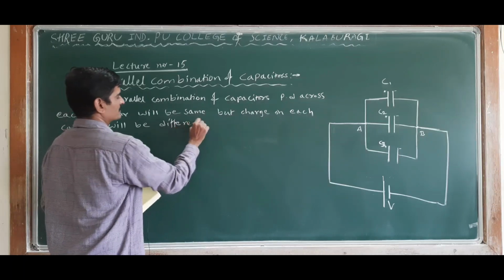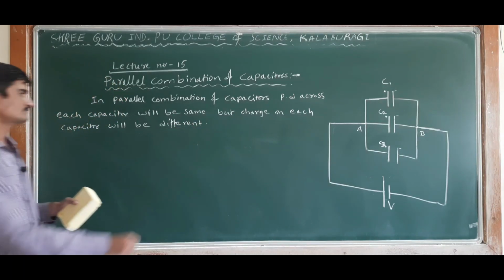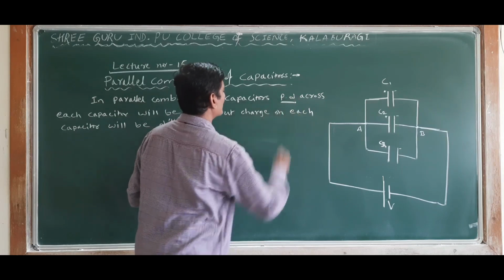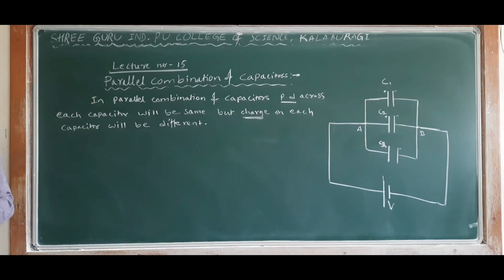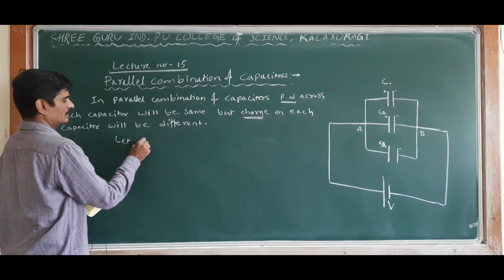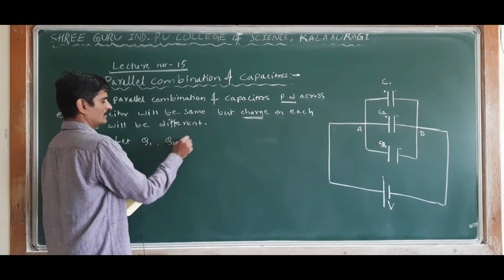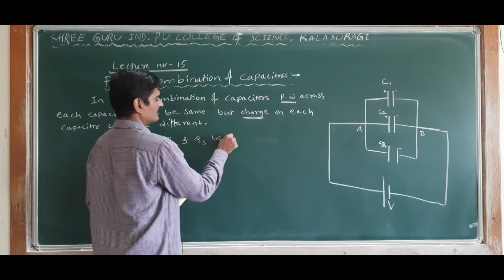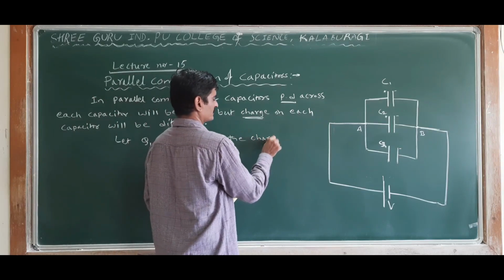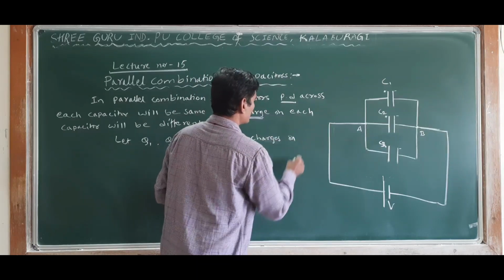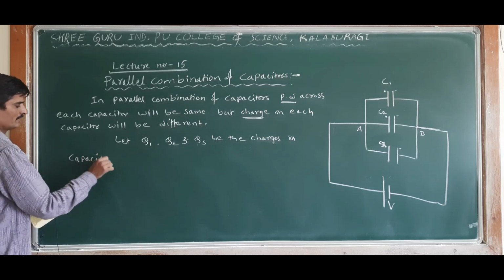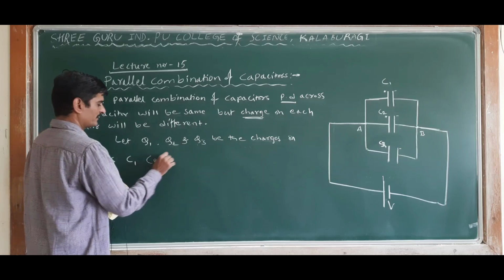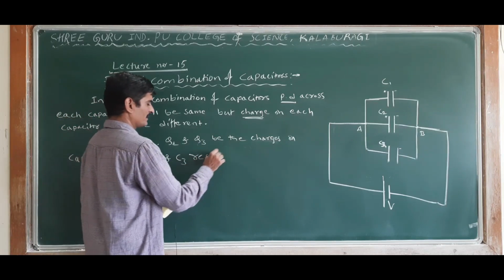This is the main point. In parallel combination, potential difference will remain same, whereas charge will be different. So let Q1, Q2 and Q3 be the charges on capacitors C1, C2 and C3 respectively.